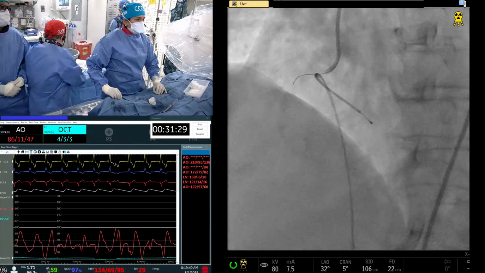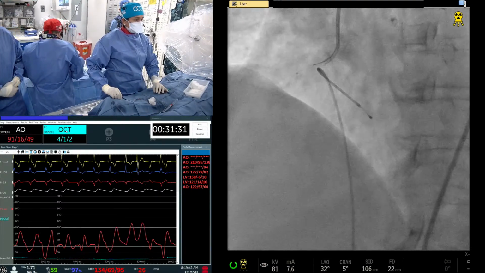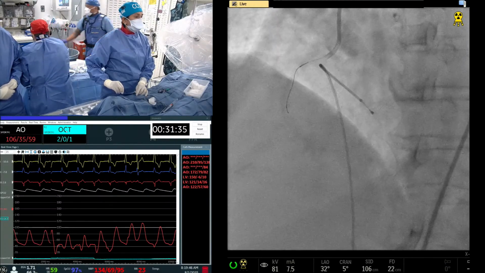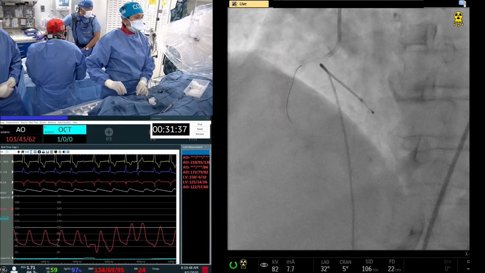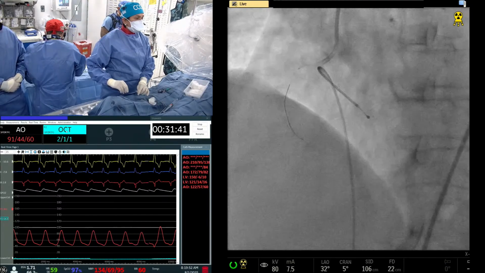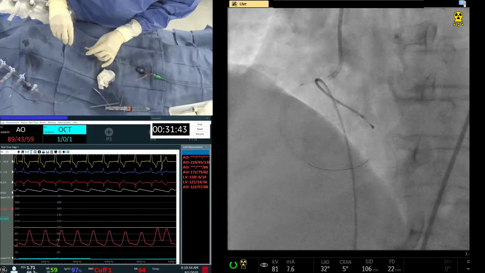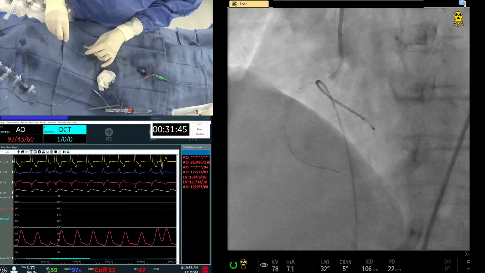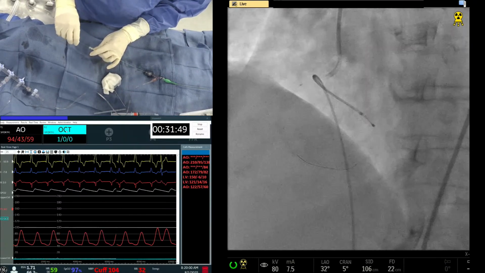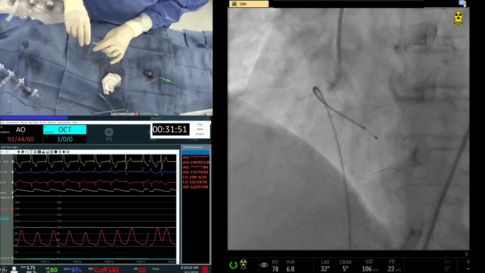The question is which wire we use to do the OCT. Everything, calcium everywhere. You see that even the wires.